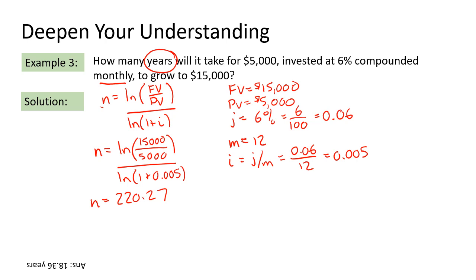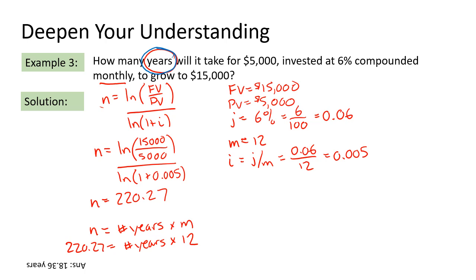So we need to figure out how many years that is. Remember the formula: n is equal to the number of years multiplied by the number of compounding periods per year. So we know n is 220.27, and that's equal to the number of years, which is the value we don't know. Remember, in the question, it's asking for the number of years. And that's multiplied by the number of compounding periods per year, which was monthly, so it's 12.